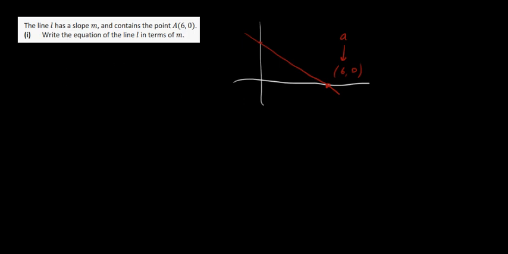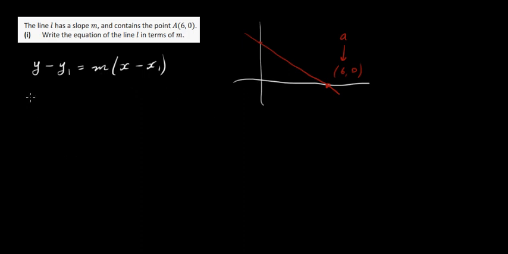So let's do that. Again, this is a straight line, so we've got y minus y1 is equal to m into x minus x1. In this case, we know that we have a point here which is 6, 0. It says write the equation of the line in terms of m, so we don't have to find a slope here.